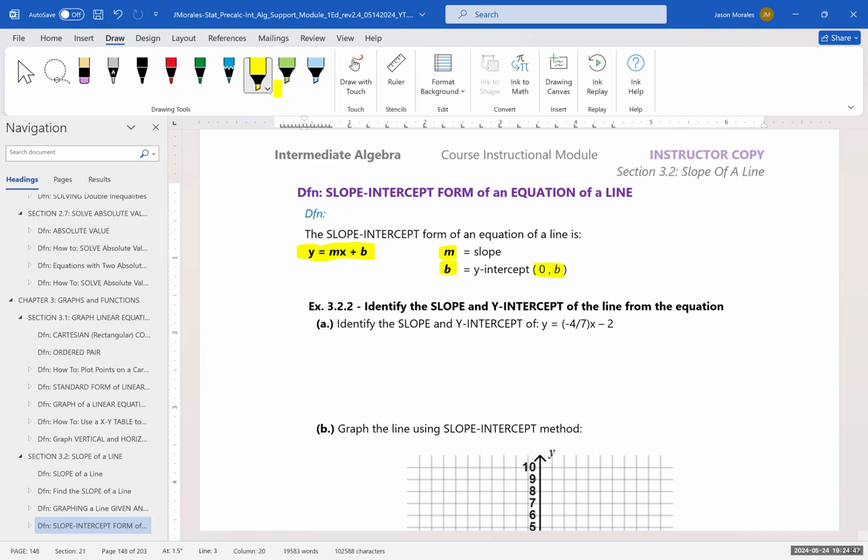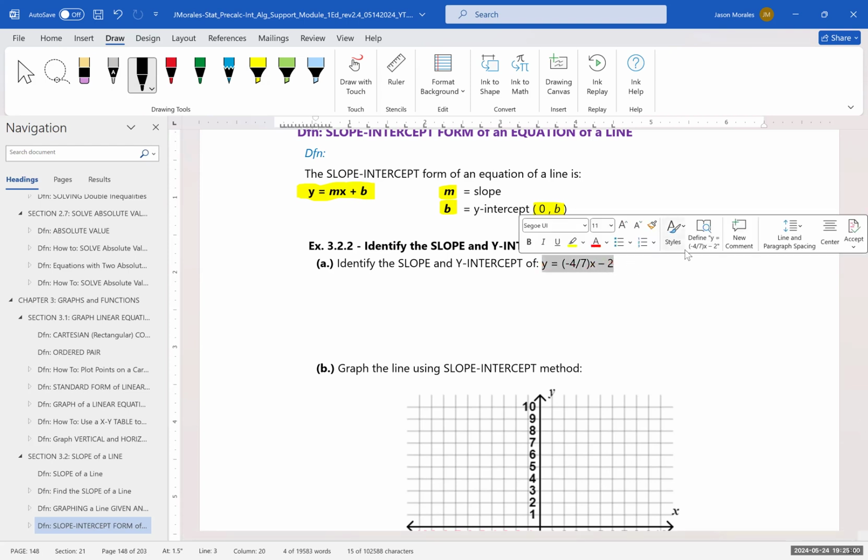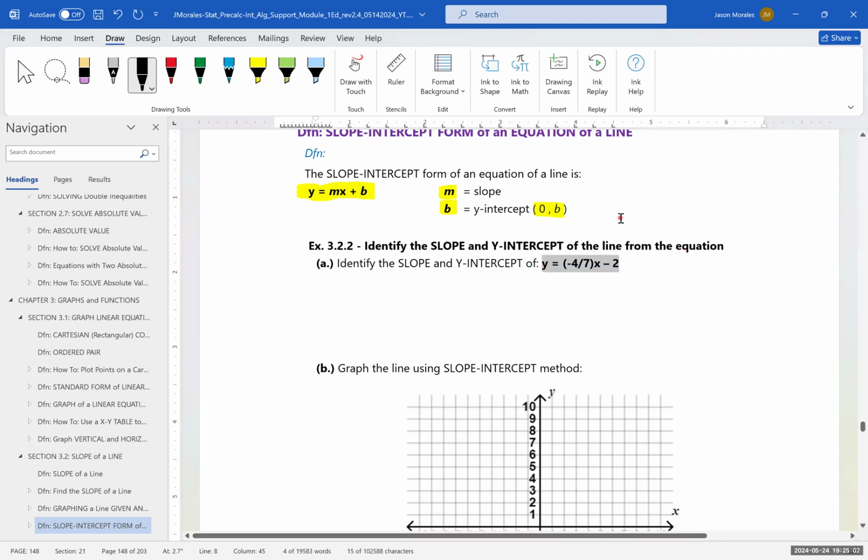So let's look at an example where we apply the slope-intercept form. So here we've got this first equation right here. And so we have y equals -4/7 x minus 2.